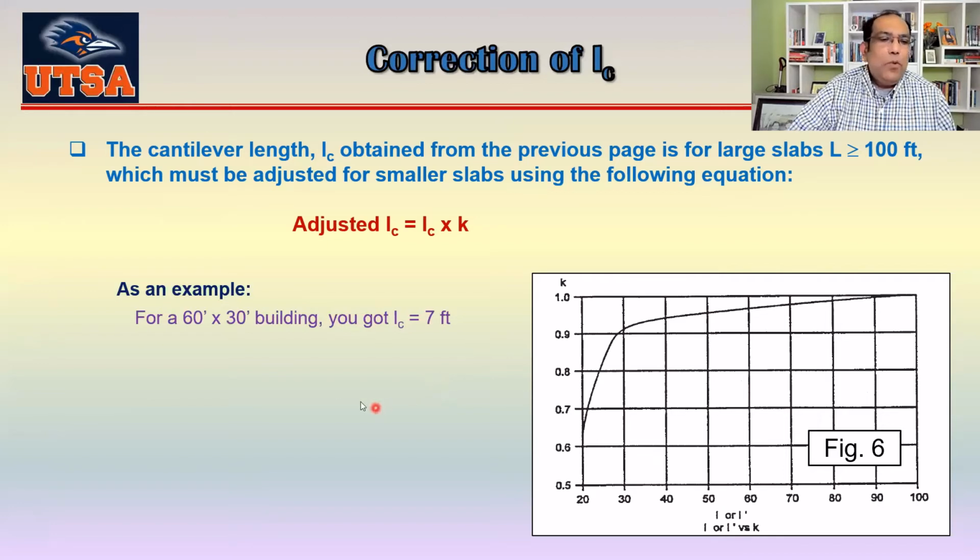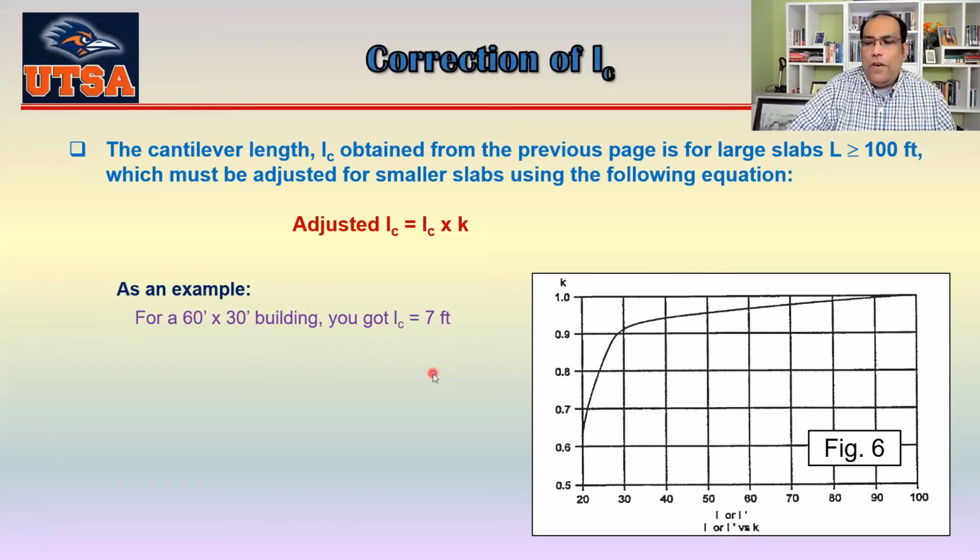So for an example, for a 60 by 30 building, let's say I got LC from the previous page, like 7 feet. How can I adjust that? Because this is not a 100-foot building or more, I need an adjustment. I have 60 and 30.